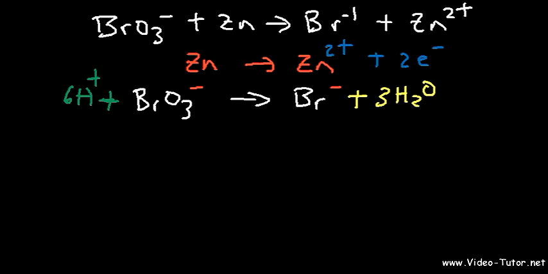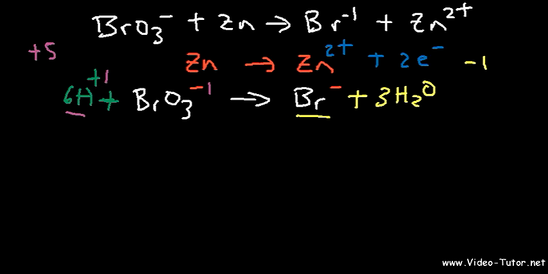Now we need to look at the charges. If we calculate the total charge on the left side, it's 6 times 1, which is plus 6, and then we need to add this negative 1 on bromate. So 6 minus 1, that's a total charge of plus 5 on the left side. On the right side, we only have a charge of minus 1.